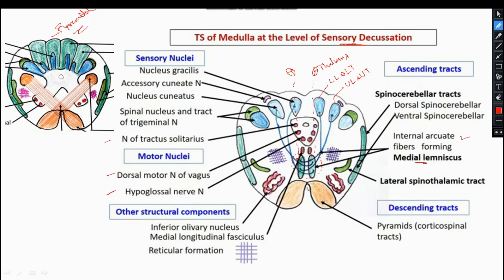Further moving anteriorly, we see the pyramids. There is no pyramidal decussation at this level, and lateral to this we see the olivary nucleus. The mouth of this olivary nucleus is directed medially.